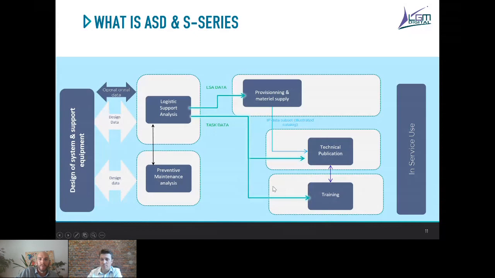So again, we have a global system with a good balance between LCC and operational availability that allows our system to enter in service. And it is during this in-service phase that the last specification can be applied.